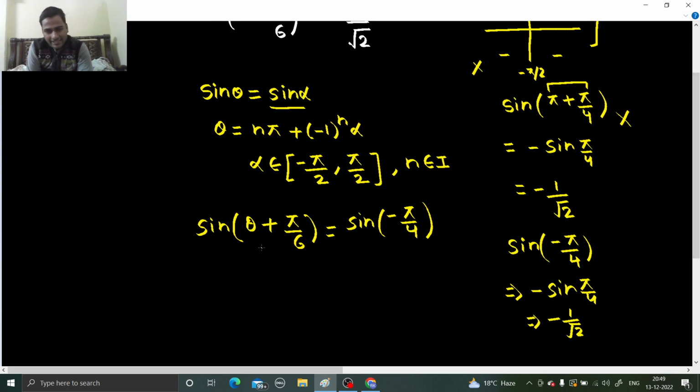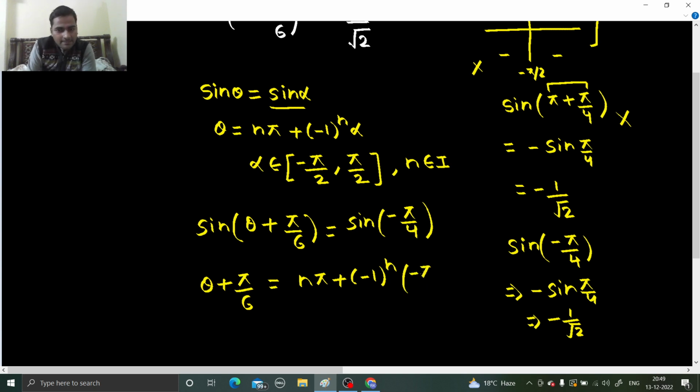In place of theta I have this entire bracket, theta plus pi by 6. This bracket on the left is equal to n pi plus minus 1 power n multiplied by the bracket on the right, so minus pi by 4.